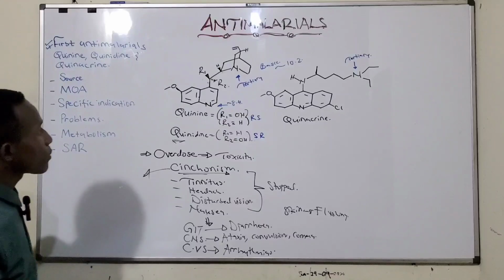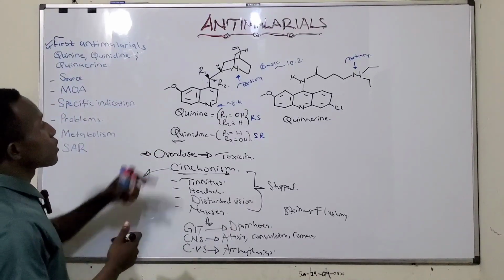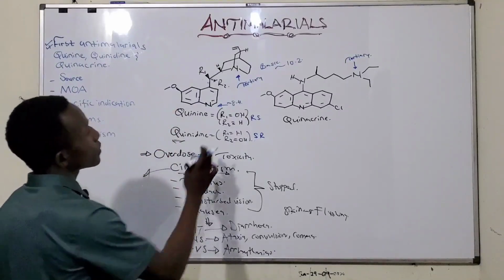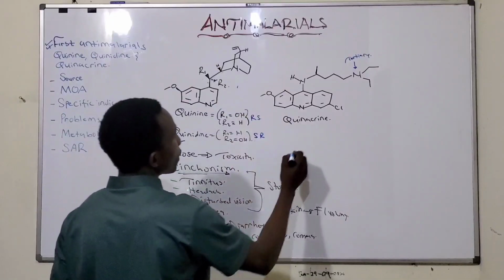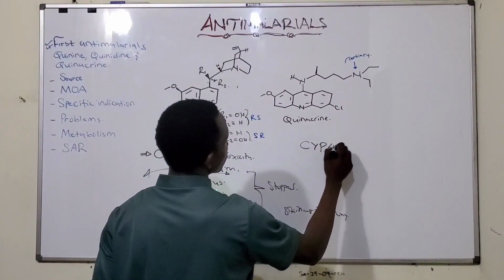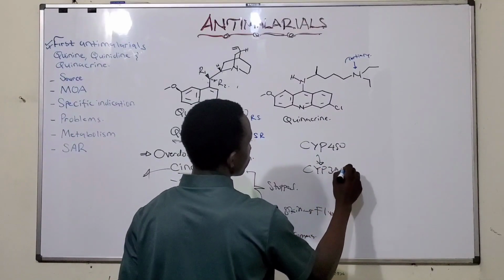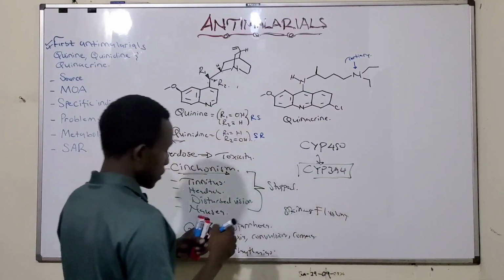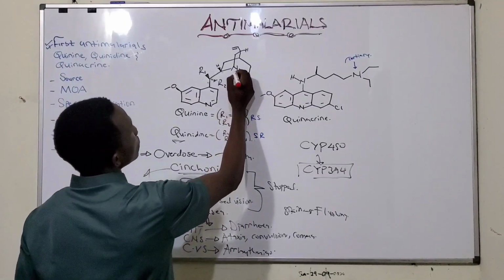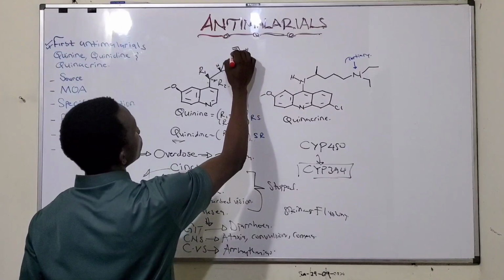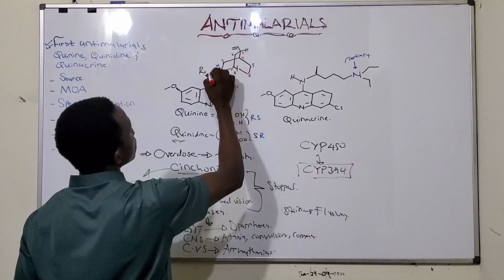Now, when we talk about the metabolism, mainly we are going to talk about this drug here, the quinine. This drug can be metabolized by CYP450 enzymes, but mainly CYP3A4. This enzyme leads to hydroxylation of this drug. This is position 1, this is 2, 3, 4, 5, 6, 7, 8, this is 9.